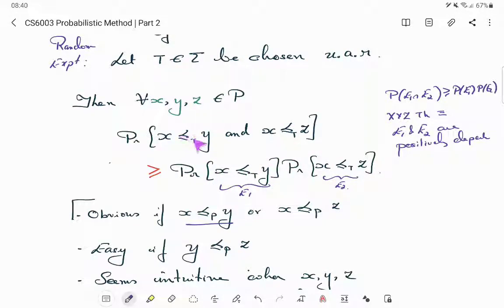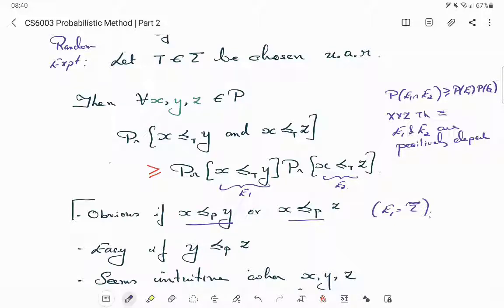This sure event intersection another event is just E2. In this case E1 is the entire event, our sample space here is tau, so tau intersection E2 is just E2, and this is only saying that P of E2 is greater than or equal to P of E2. So this is an obvious statement. The same holds true even if it was given that X preceded Z in the partial order P itself.